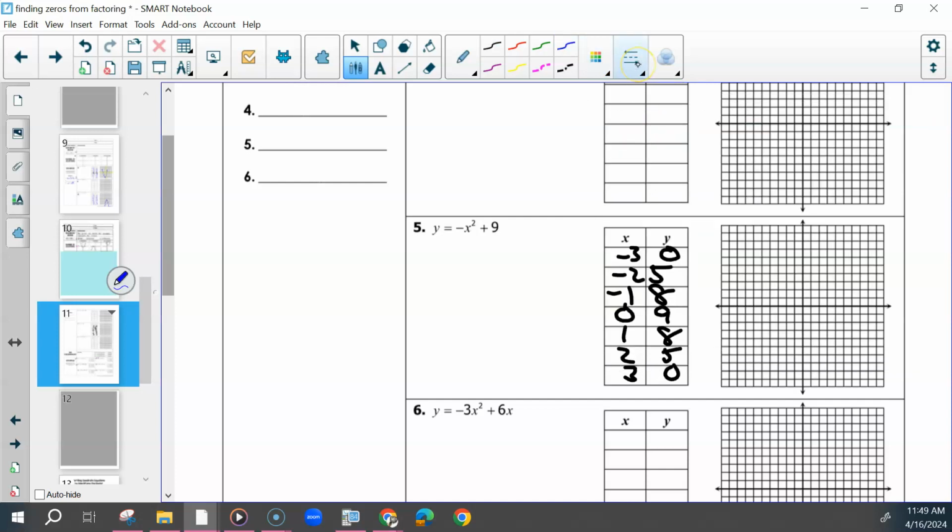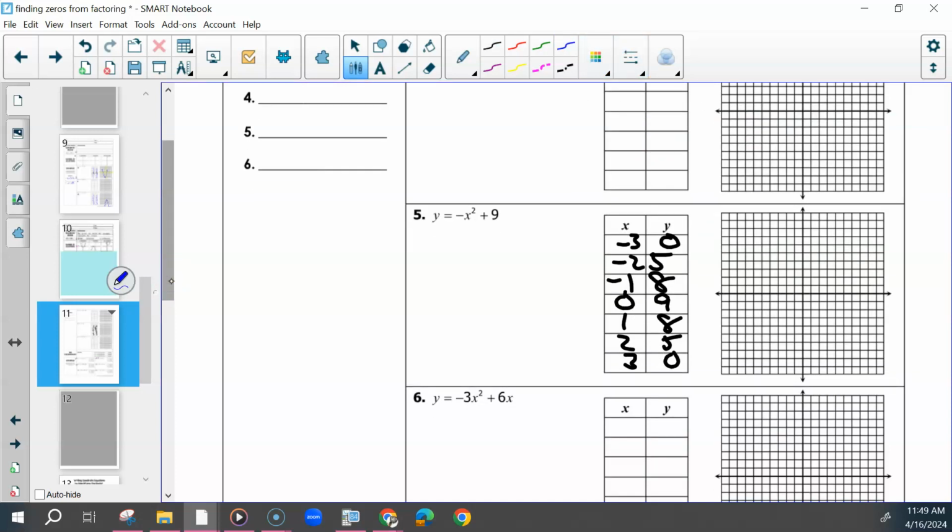So without graphing this, I know I have how many solutions? 2. There are 2 places where I have x-intercepts. But I could graph it quickly.